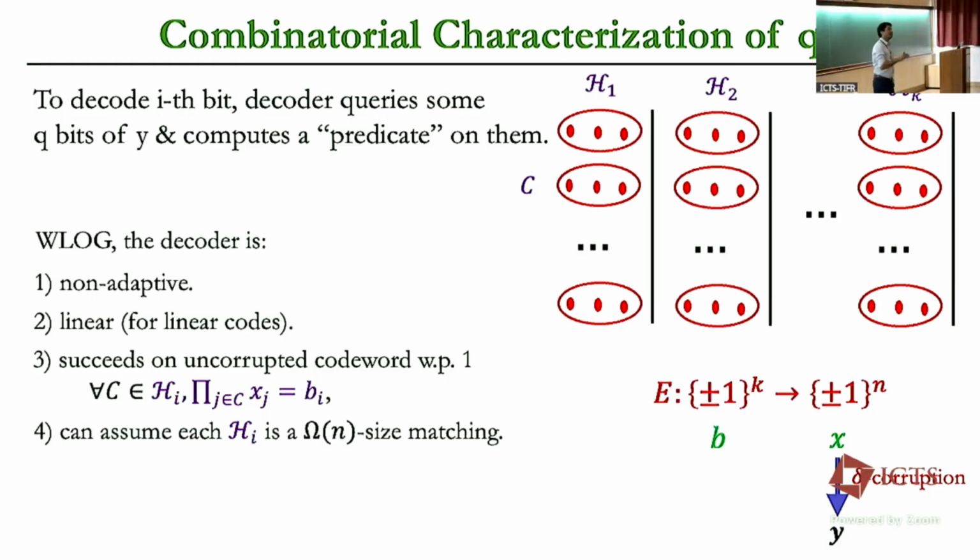Okay. So I'm trying to argue that if I'm trying to decode, let's say, the first bit, then the set of 4 bits that I'm querying essentially have to be disjoint. So I'm trying to argue why this has to be true. First of all, you should not find it surprising that the decoder better not query any single bit more times than others. This is like the LP constraint you have in your matching. Remember the LP you write for maximum matching? For a perfect matching, the degree of every vertex in the LP solution should be 1.